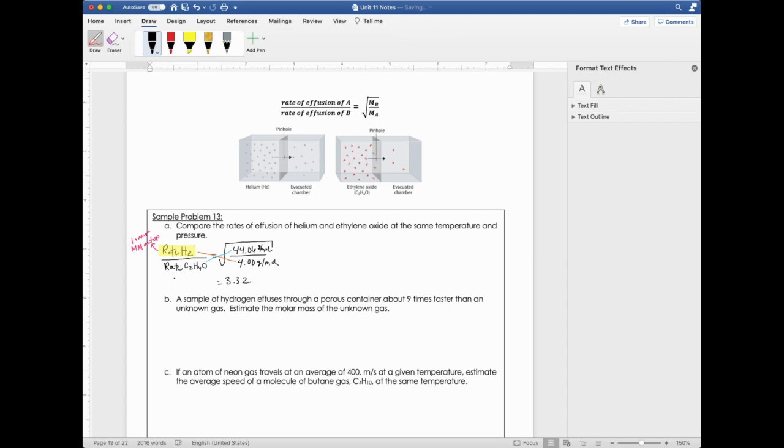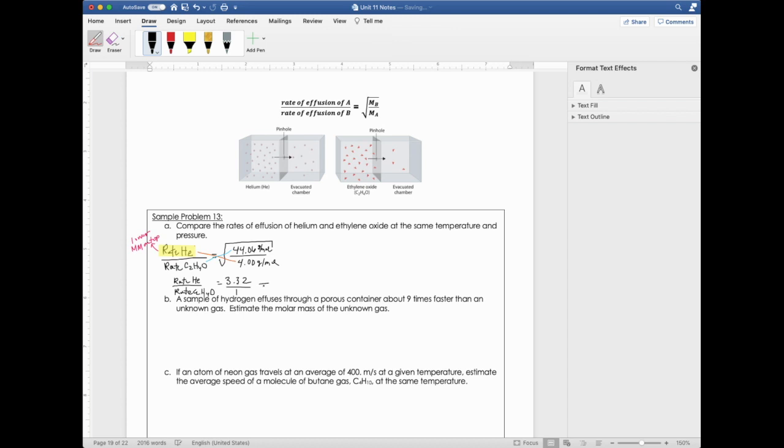Well, that's the rate of helium. I'm going to write this whole thing over again: over the rate of ethylene oxide, C2H4O. That's really sloppy, but you get the idea. Now remember, this is technically over 1. So what this is saying is that the rate of helium is 3.32 and the rate of ethylene oxide is 1.